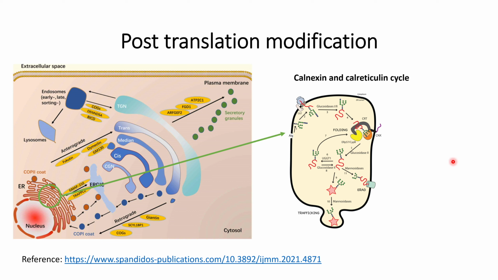It will direct this towards proteasomal degradation. And if the protein acquires its native structure, then it will be directed towards ERGIC as it is shown here, and for further post-translation modification. So this is the normal cycle of Calnexin and Calreticulin.